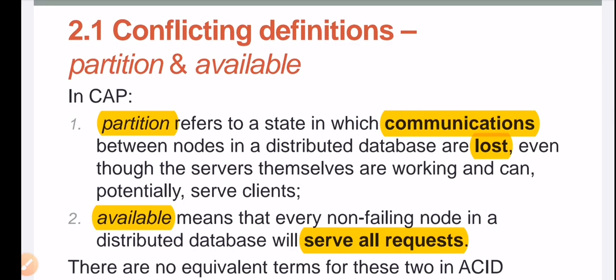Conflicting definitions: partitions and availability. Partition means communication lost. Availability means that the distributed database, or any non-failing node in the distributed database, will serve all requests. So they are opposite to each other.